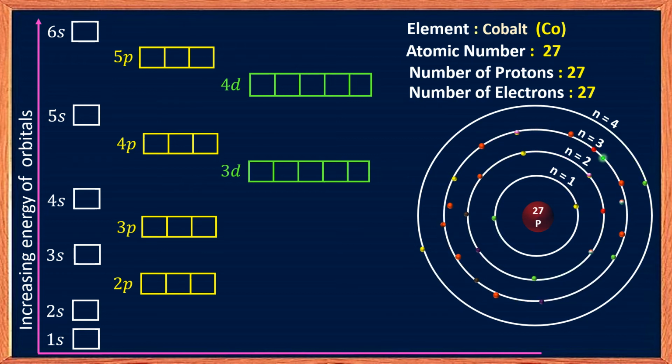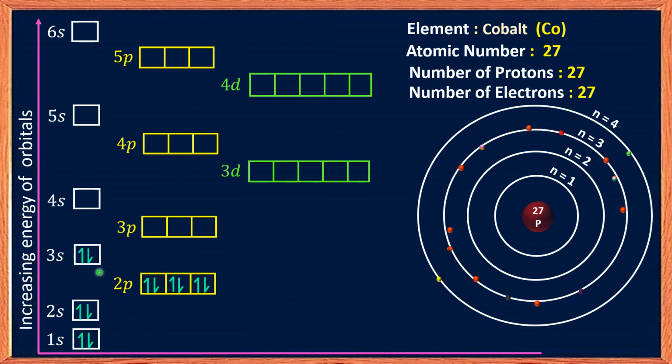Let us fill these electrons into various atomic orbitals. 1s is filled, next 2s, fifth electron enters into 2p. 2p is completely filled, then electrons are entering into 3s orbital.